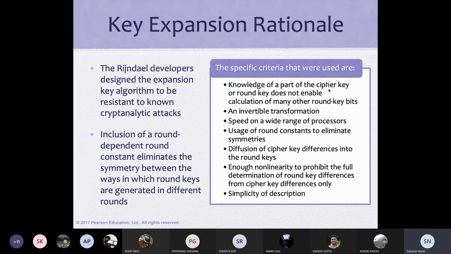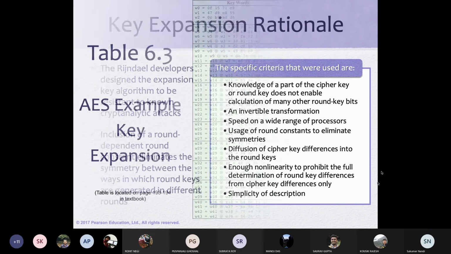There is diffusion of cipher key differences into round keys because we are using substitutions. Enough nonlinearity is added in the G function, and that's why it is very good.